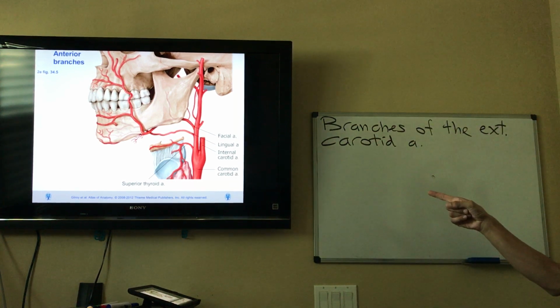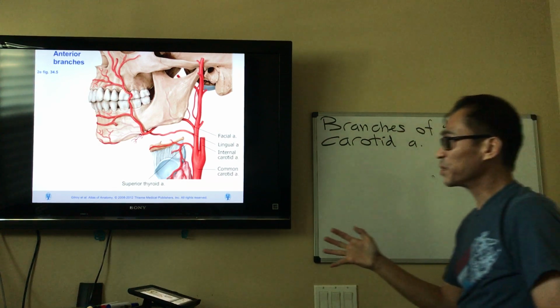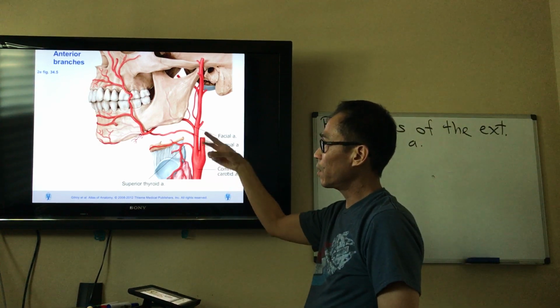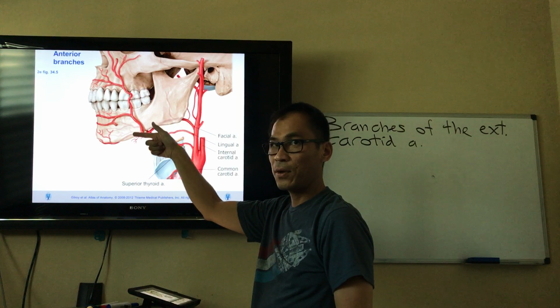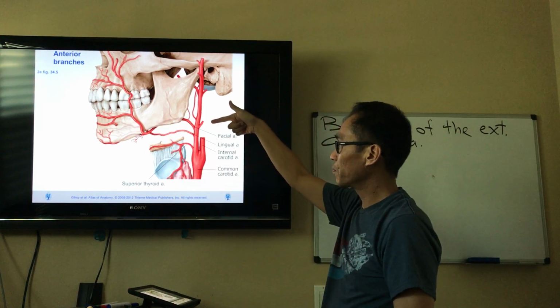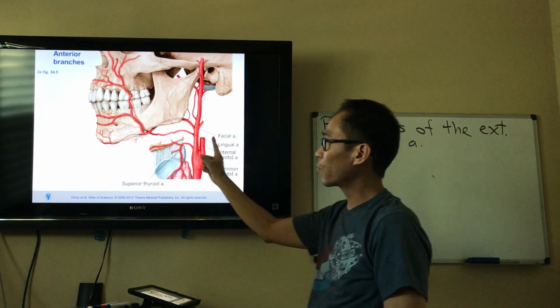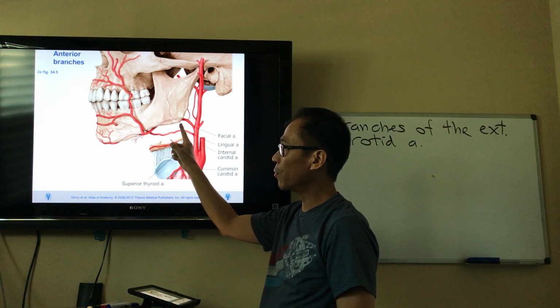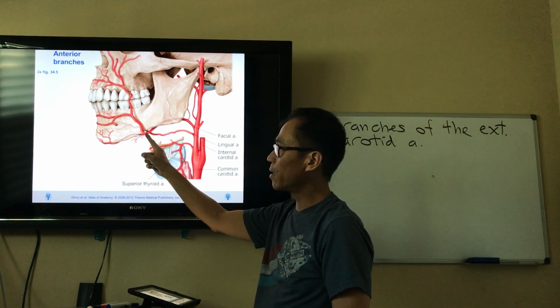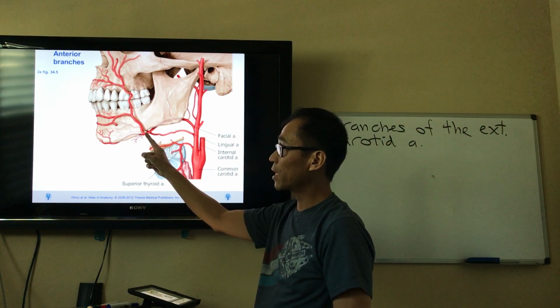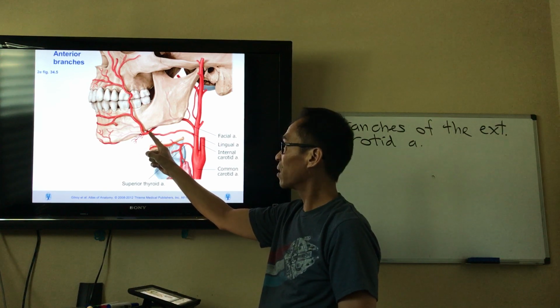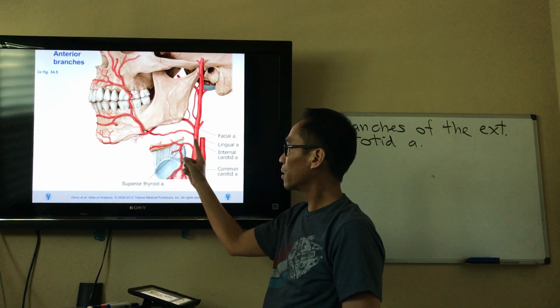Now this picture here shows three branches, 1, 2, 3, and notice they all go anterior. This top one is facial, okay? Notice the facial, it runs kind of behind the angle of the mandible. You can see it right here, the body of the mandible. You can take a pulse there. It's the facial artery. Lingual artery goes to the tongue.